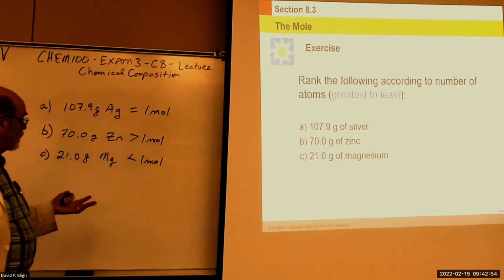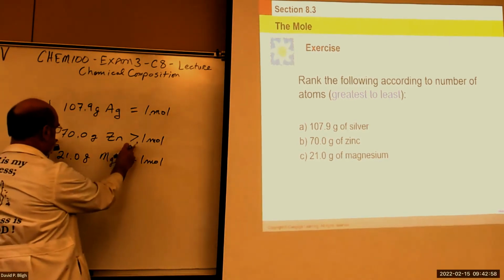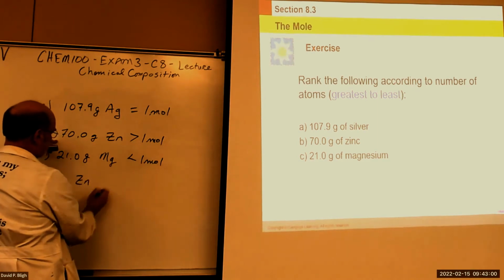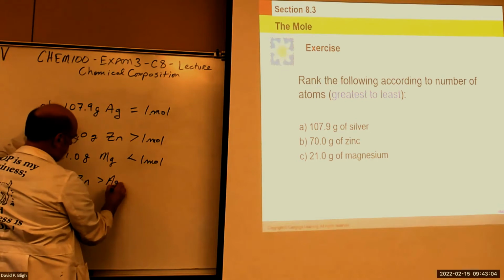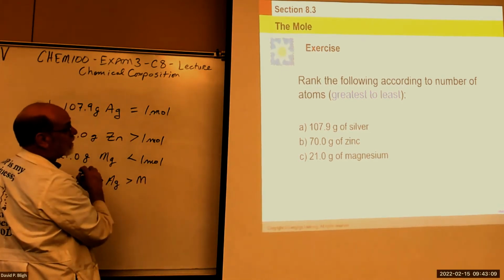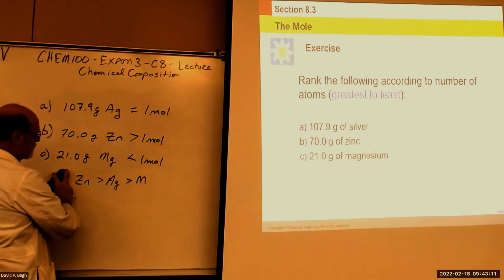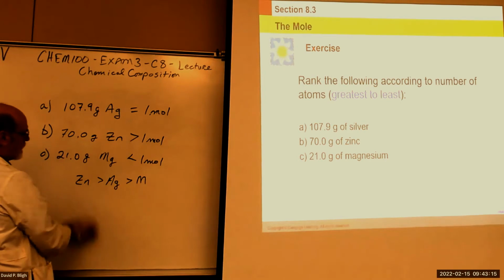So if we want to put them in order, now all we have to do is say from greatest to least. So the greatest is zinc. And then the middle is silver. And the least is, oh, number of atoms, excuse me. No, that's right.